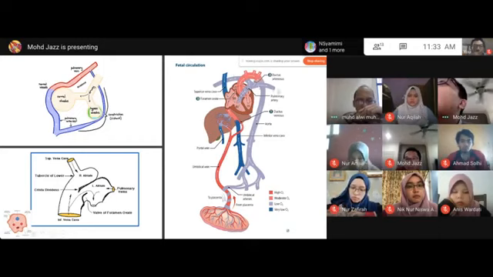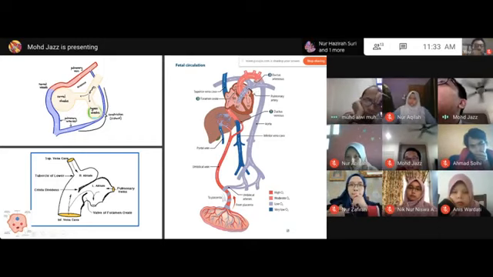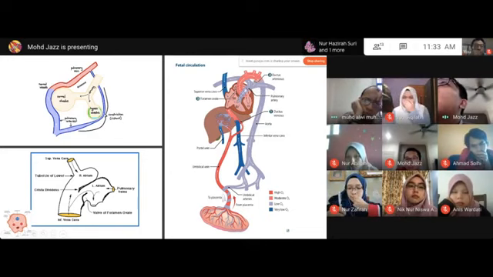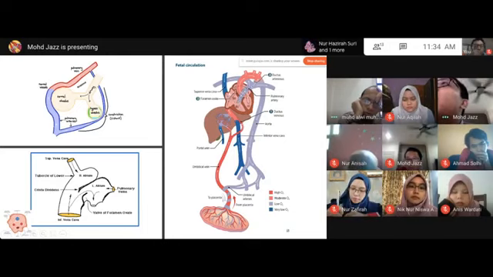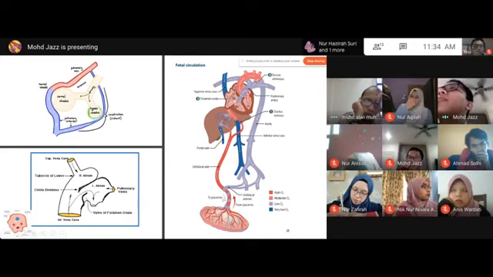As there's more blood flow to the pulmonary artery, there will be more blood flow to the pulmonary vein. As there is more blood flow through the pulmonary vein into the left atrium, it causes higher pressure. Due to the higher pressure in the left atrium, it will push the foramen ovale closed, because the pressure at the left atrium is higher than at the right atrium.